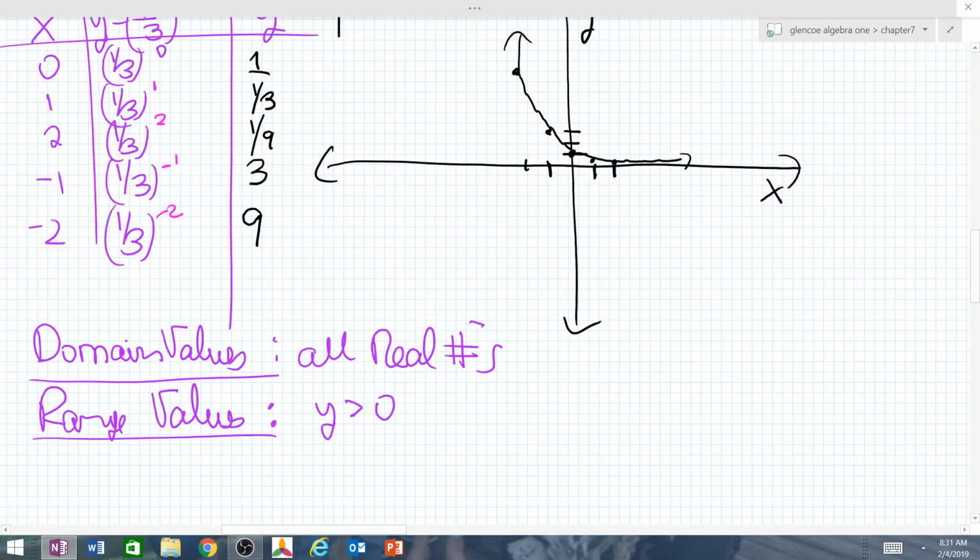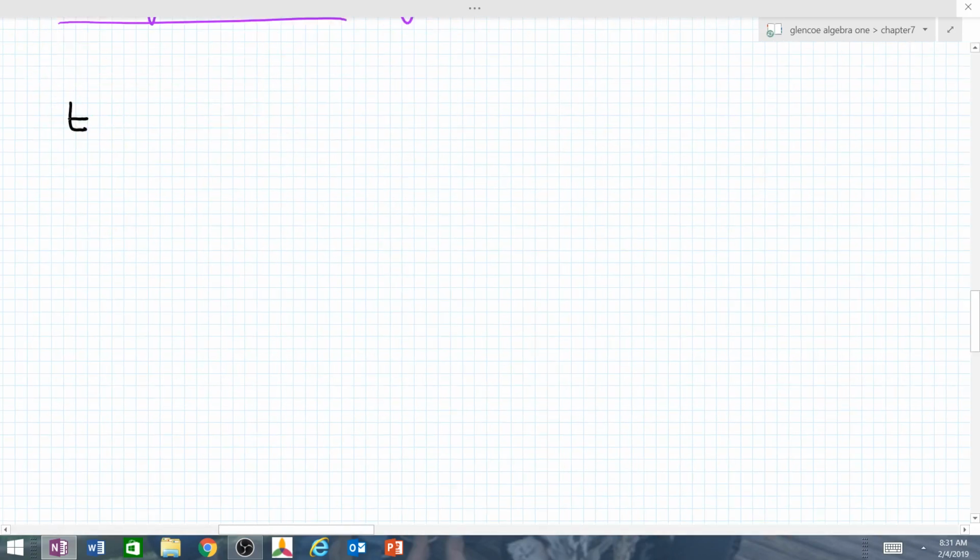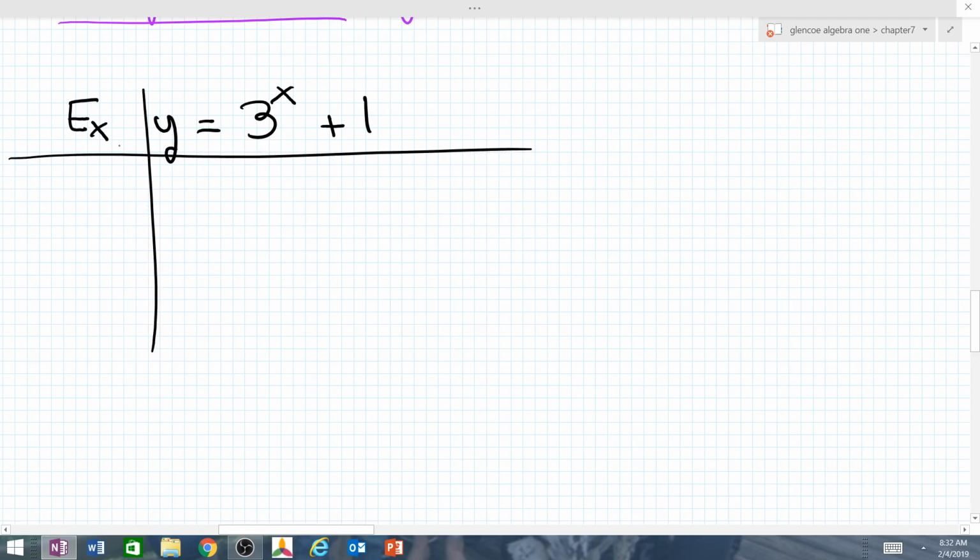All right. Let's do one where we have y equals 3 to the x plus 1. Okay, y equals 3 to the x plus 1. So let's make our table.